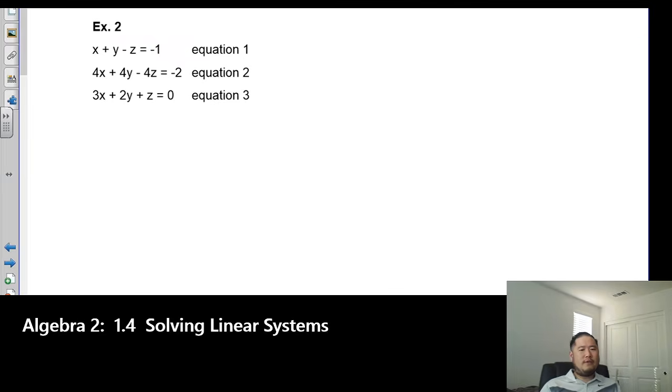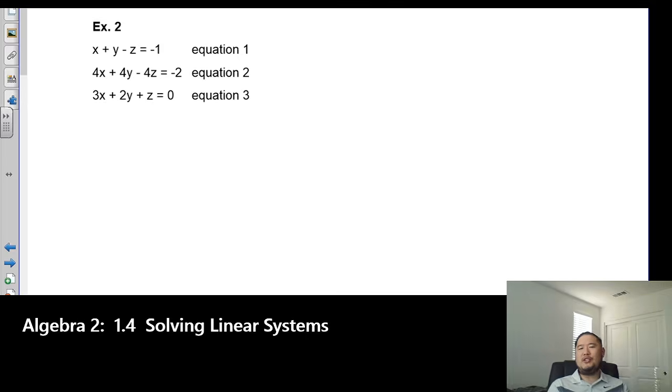Alright, so once again we have 3 equations, 3 unknowns. Let's try to eliminate one of our variables. Which equation should we use first? I'm looking at which ones has LCM. I see a 1z and a negative 1z.